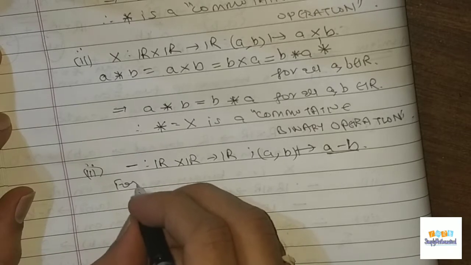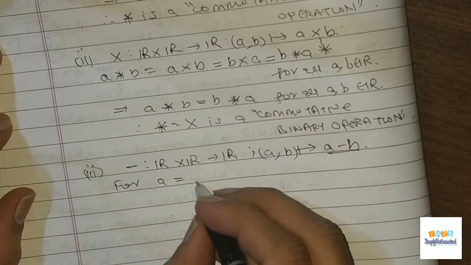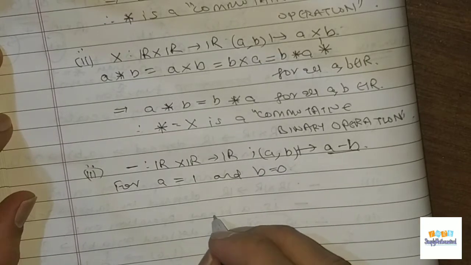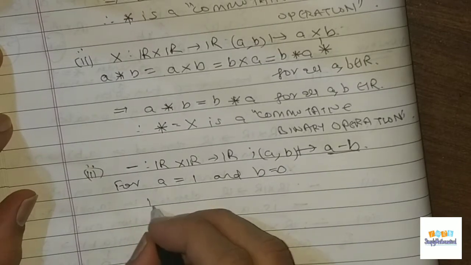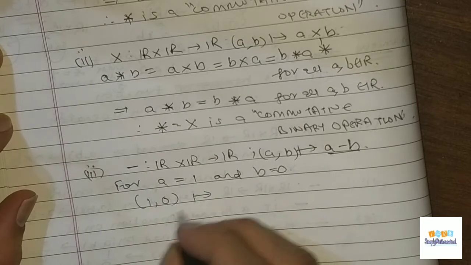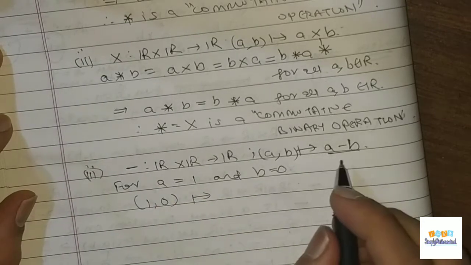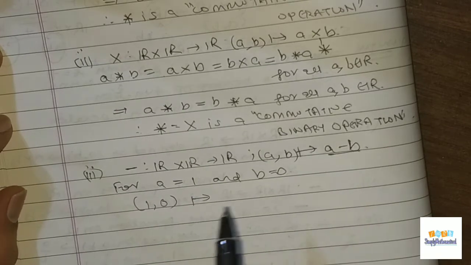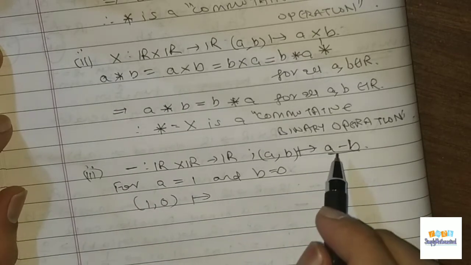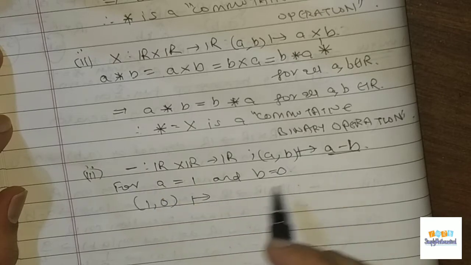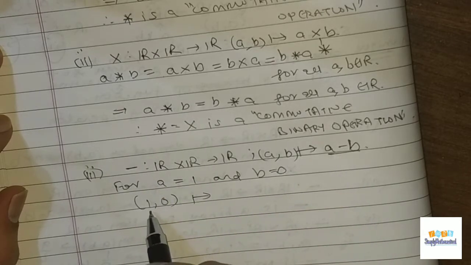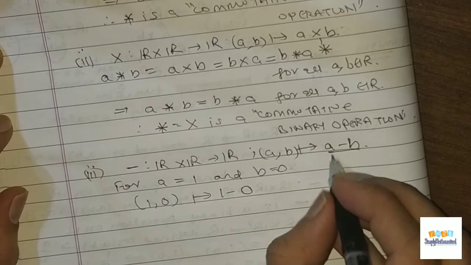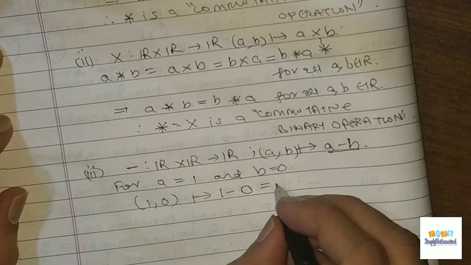See this, for a equal to 1 and b equal to 0. If you look at (1, 0) under this operation, first of all, this is a binary operation. We have seen in the first definition of binary operation that subtraction is a binary operation. So (1, 0) under this operation is 1 minus 0, which is 1.